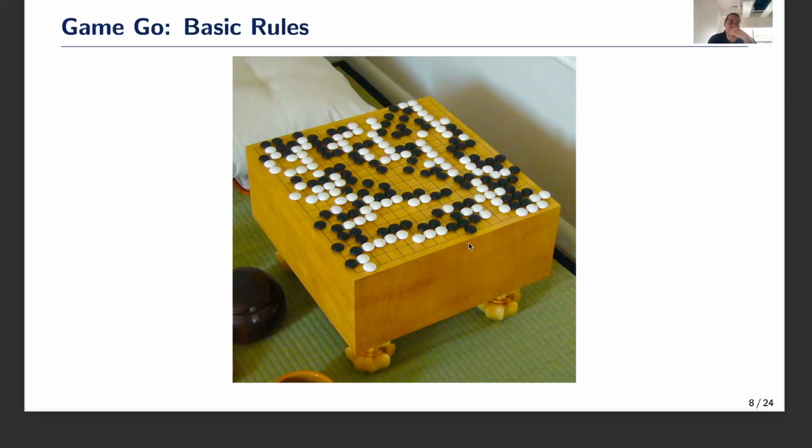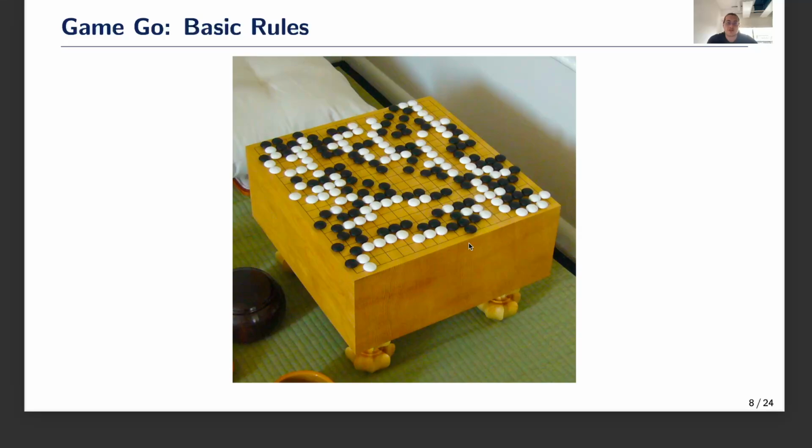It's played on a 19 by 19 grid. We have two players, black and white, who take turns placing stones on the board, and once placed, stones do not move. They remain on the board unless captured. The objective is to control more territory than your opponent by the end of the game.